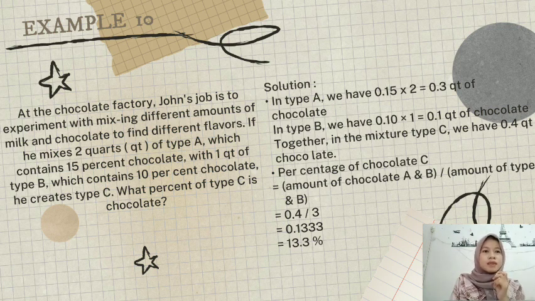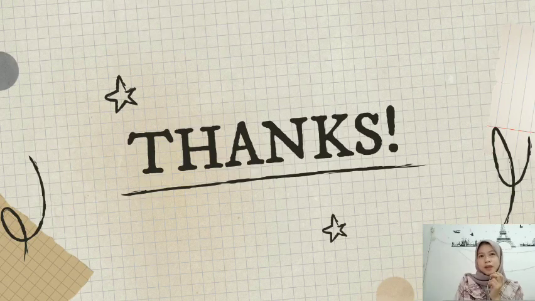Percentage of chocolate in C equals the amount of chocolate in A and B divided by the amount of types A and B, which equals 0.4 divided by 3, which equals 0.1333, or 13.33%.